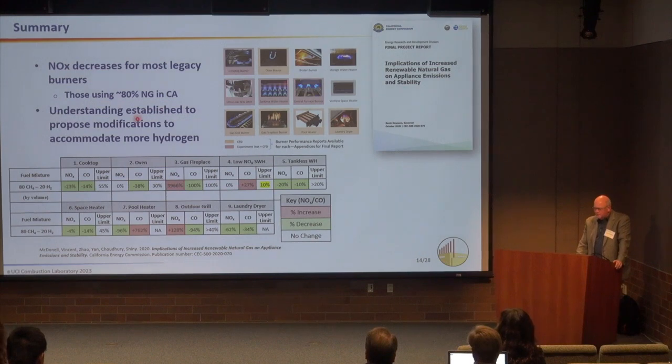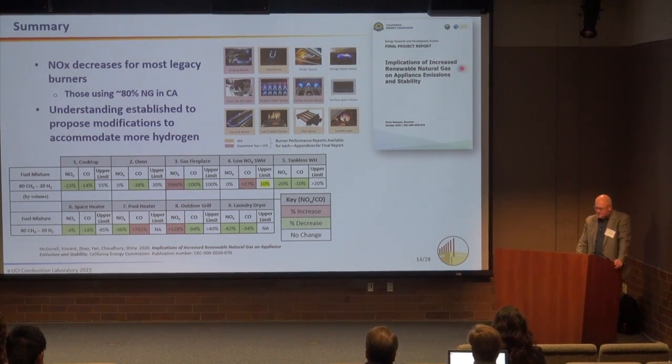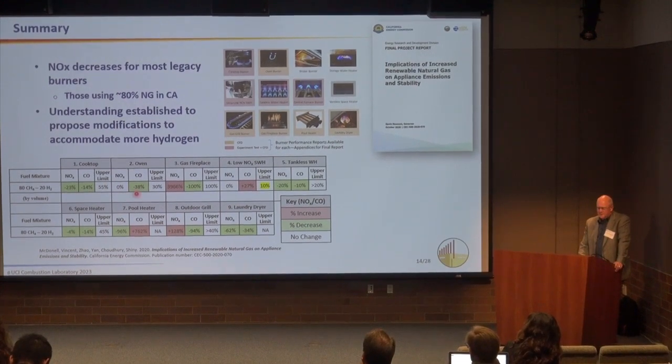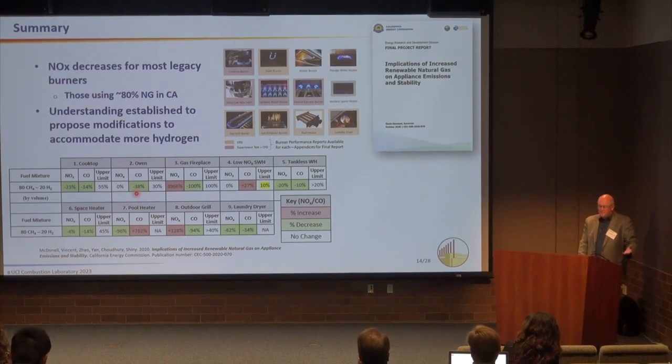And if you're really interested in this, we've got a big old report for the CEC that talks about the implications of adding hydrogen to natural gas on the performance of all these devices. And what you can kind of see here is some color coding. This is green, meaning better performance, right?